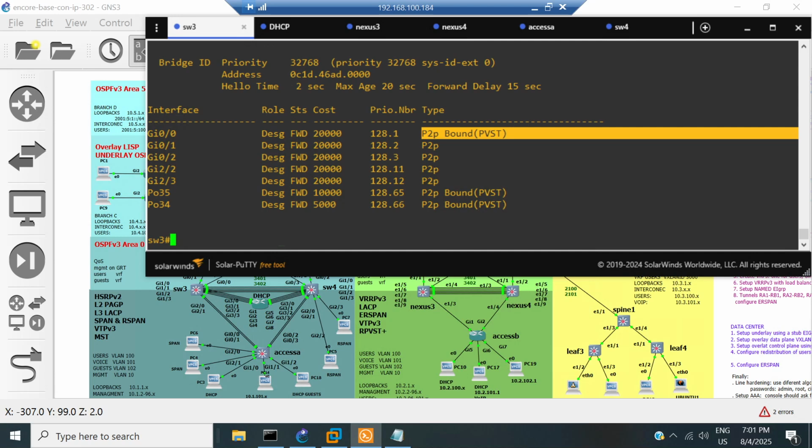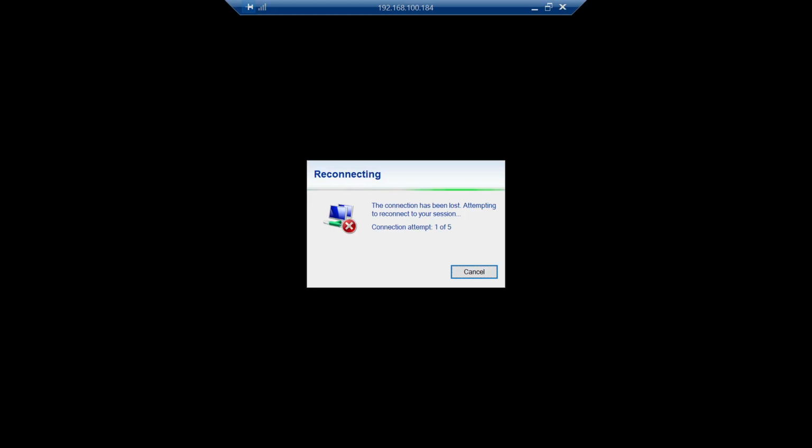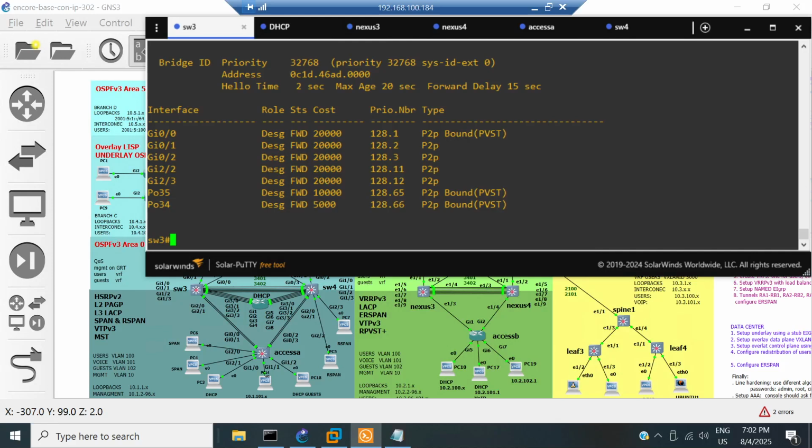So this means that we are running per VLAN spanning tree on the other side. This is port channel to switch 4. Hold on a second. Okay, the connection was restored to my GNS3 server. So let's configure multiple spanning tree on access A and distribution switch 4.